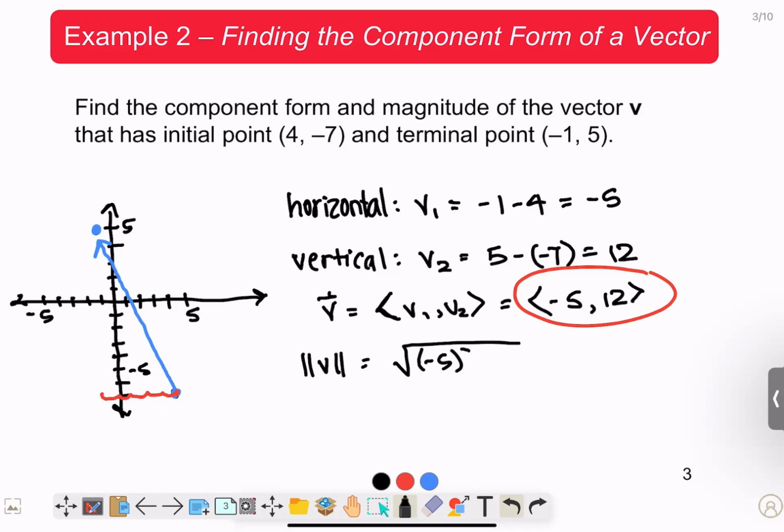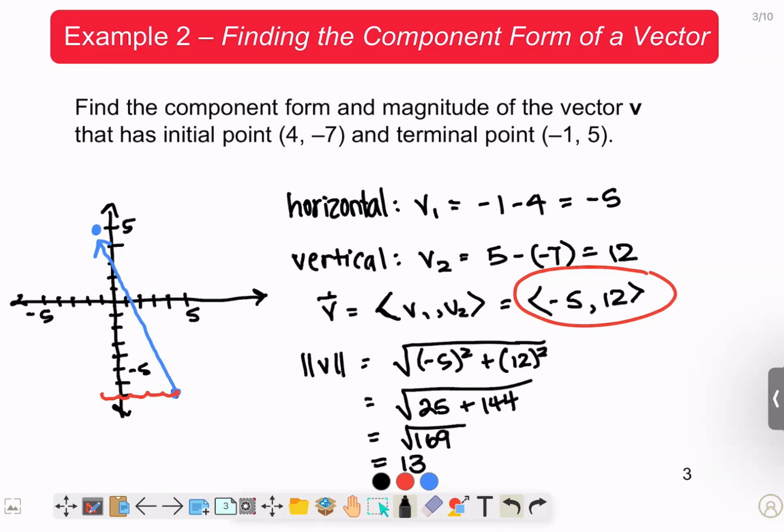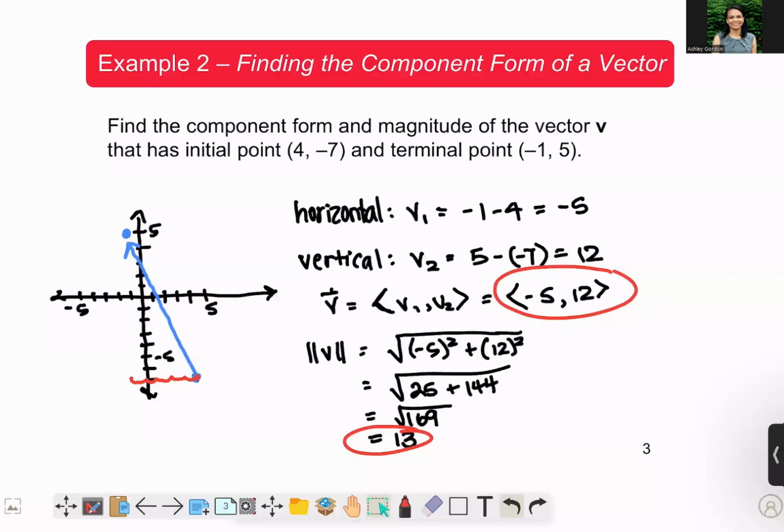And we've already found the components, so we can just use the components squared and take the square root of the sum of those. So in this one, we get the square root of 169, which is 13. So magnitude of this vector is 13.